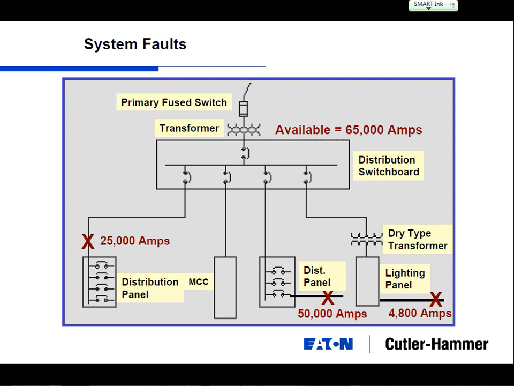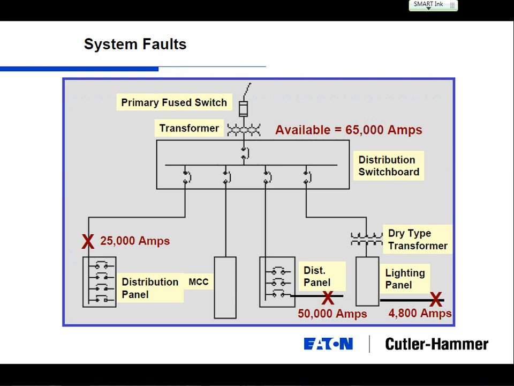So when we come back up here and look at our system, we're stepping down through a transformer into your 600 volt or 480 volt switchboard, where we have an available fault current of 65,000 amps. And through different pieces of equipment in the facility, we've got a panel board with 25,000, a panel board with 50,000, and another panel board with 4,800 through a transformer.